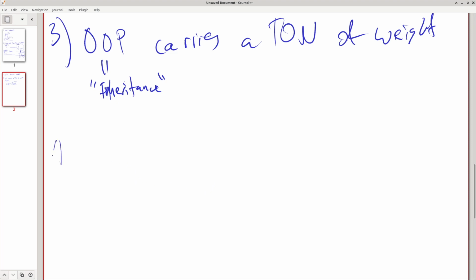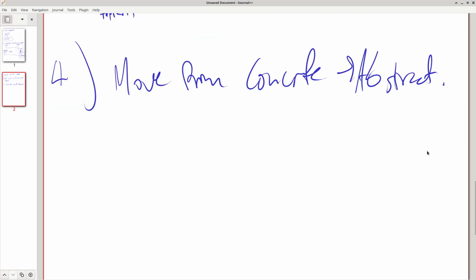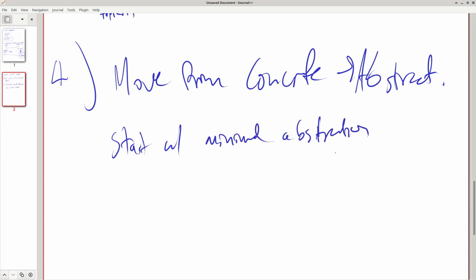All right, fourth tip. Move from concrete to abstract. So what do I mean by this? I mean that in programming, I've found it most productive to start with no abstractions, or minimal abstractions. This is almost a superset of the last tip. Object-oriented programming is just one of many possible abstractions.